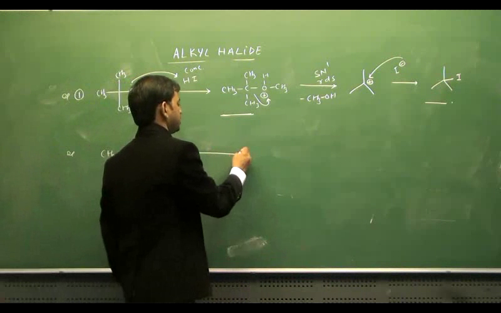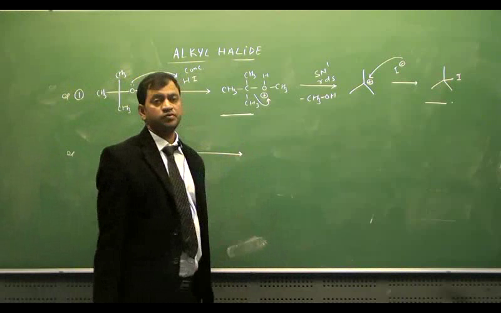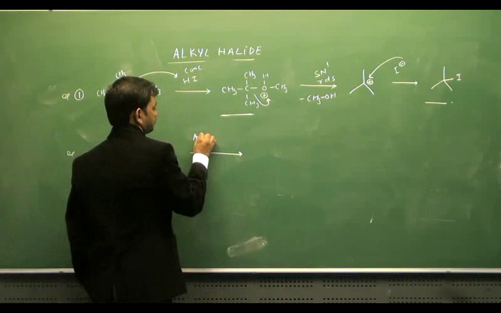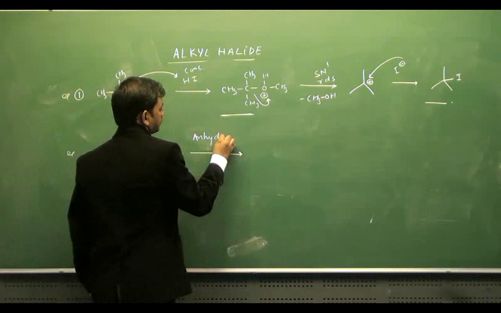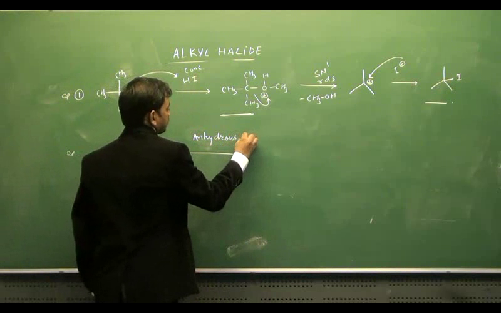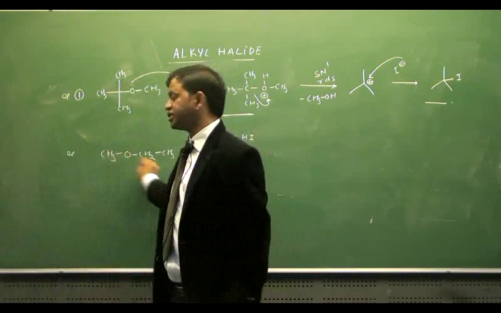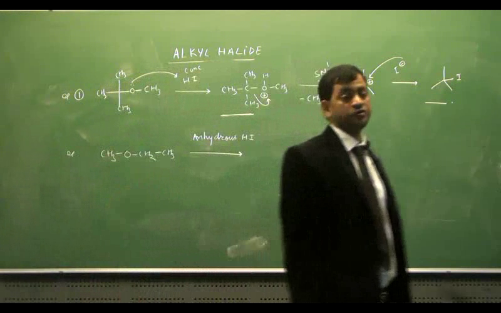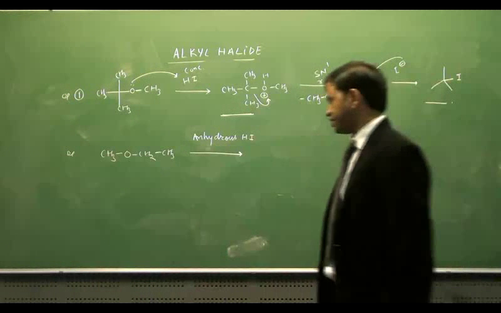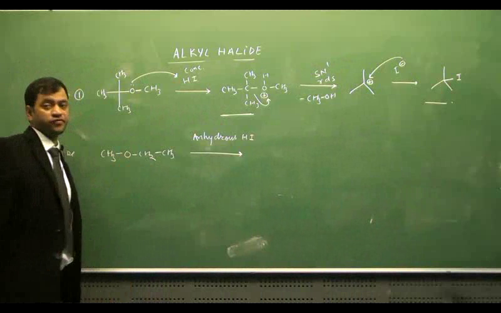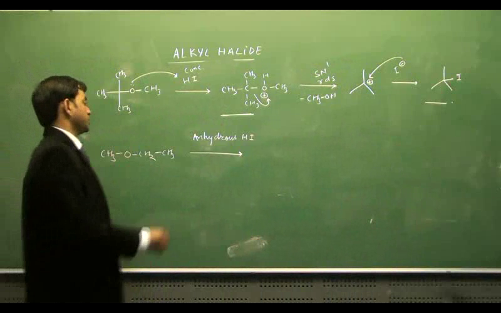In general, anhydrous HI follows SN2. But if any one of these alkyl groups is 3 degree, in that case it also follows SN1. In case of 3 degree, SN1. In case of 1 degree and 2 degree, it follows SN2.